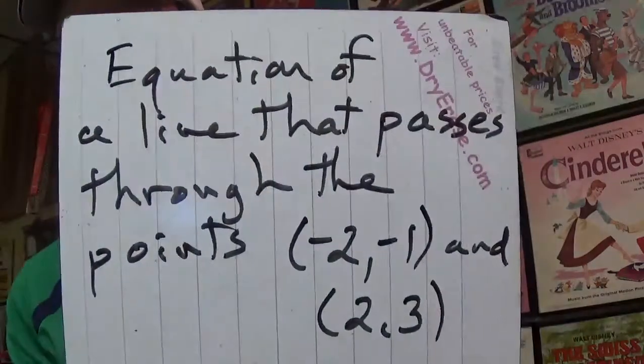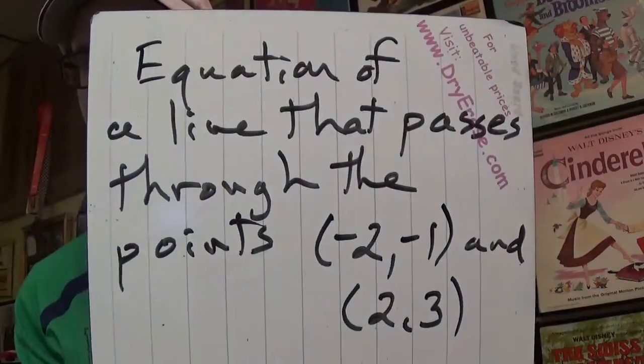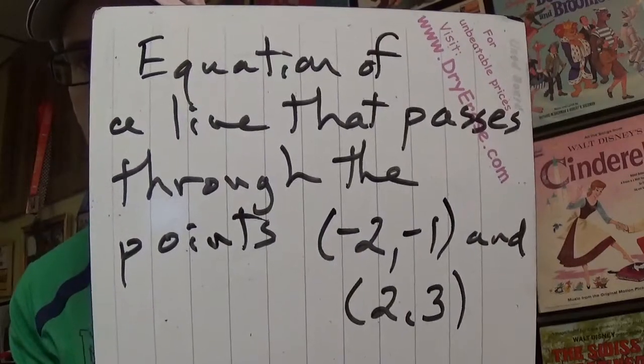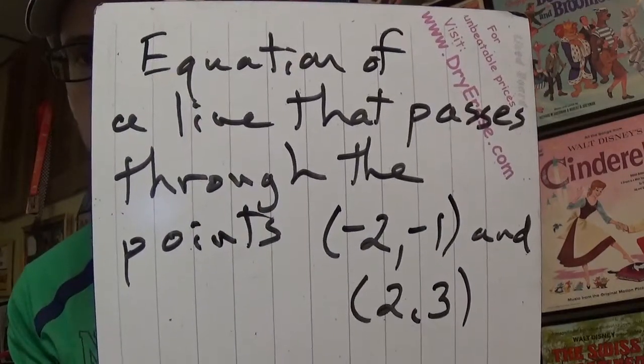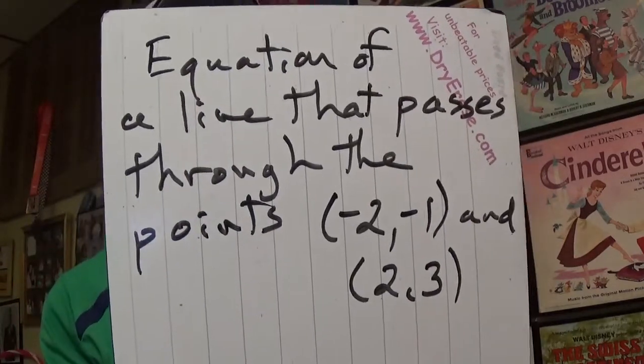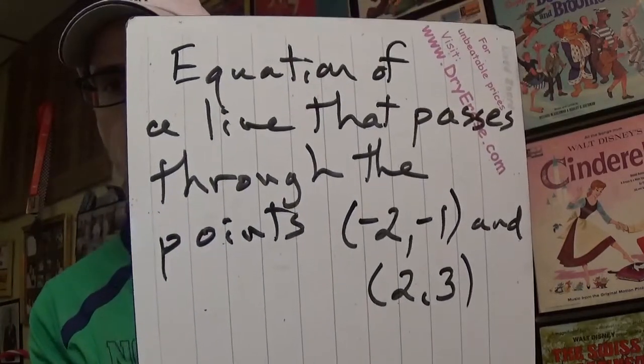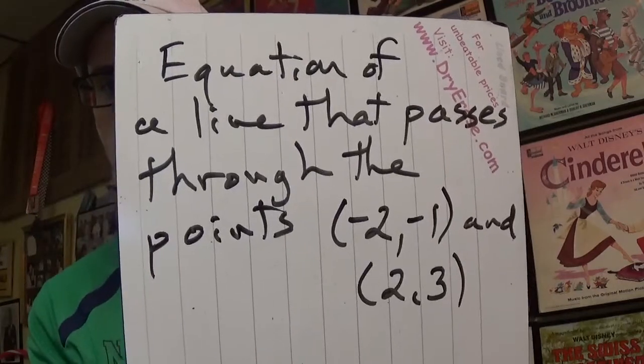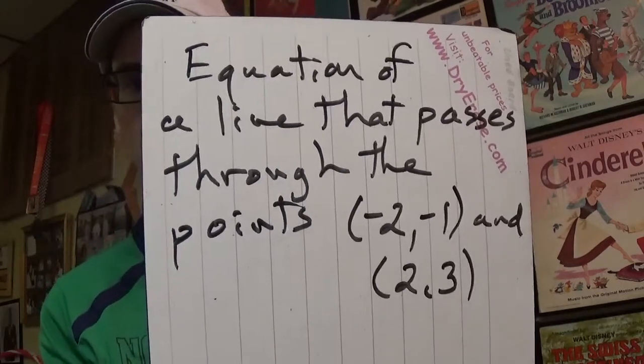Alright, if you need to pause the video so you can get this down, what's the equation of a line that passes through the points -2, -1, and 2, 3? You'll be doing one like this on your assignment today. Go ahead and pause the video if you need to, because I'm going to move on.